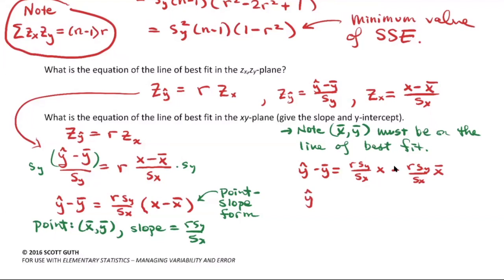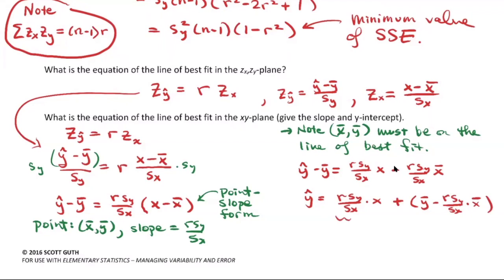Y hat is equal to r sy over sx times x plus, in parentheses, y bar minus r sy over sx times x bar. Okay.